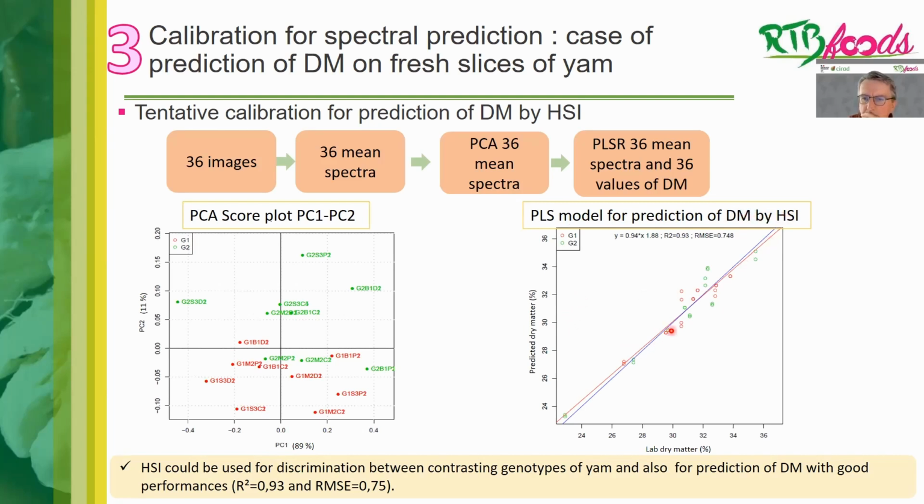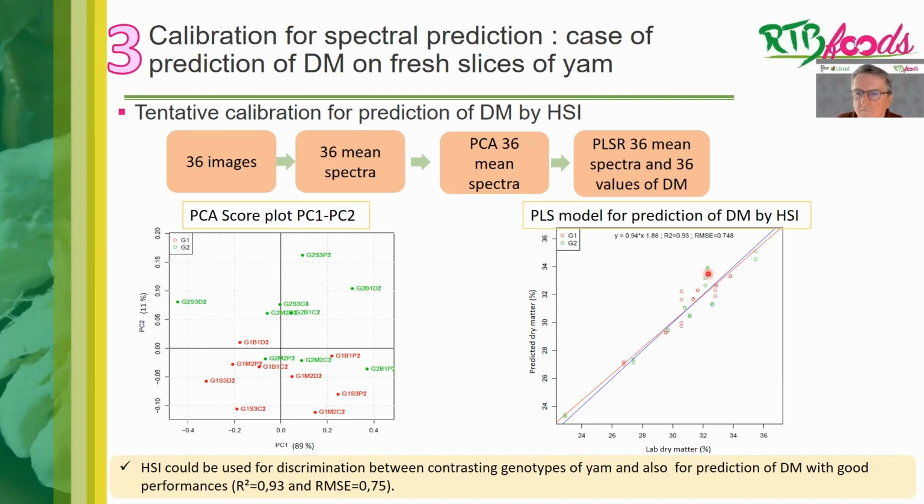So this is the model. We have the predicted dry matter by hyperspectral imaging here, as a function of the laboratory measurement of dry matter, so the dry matter measured in the laboratory.